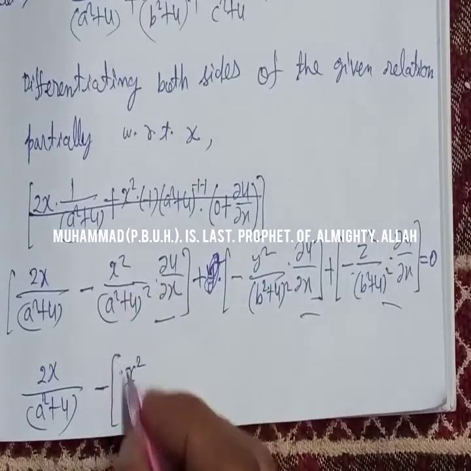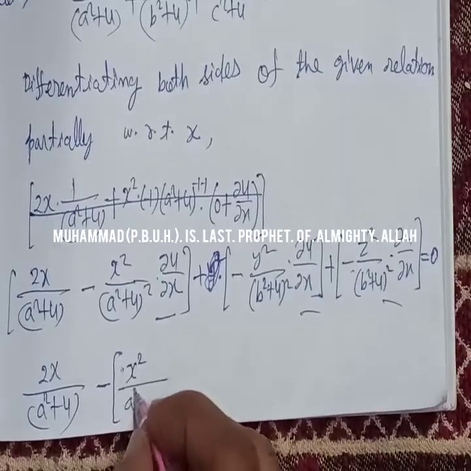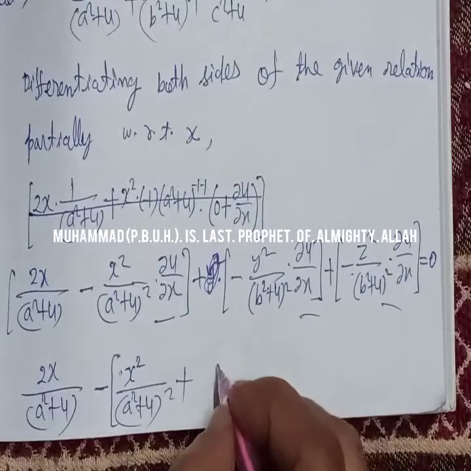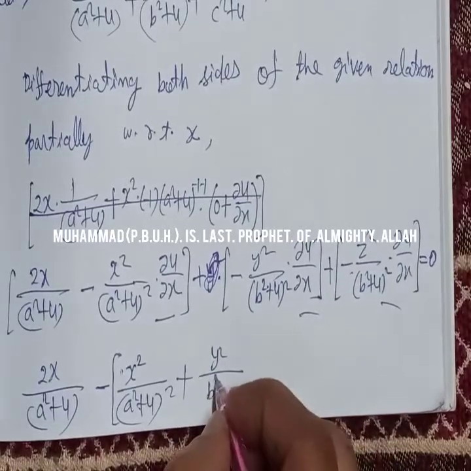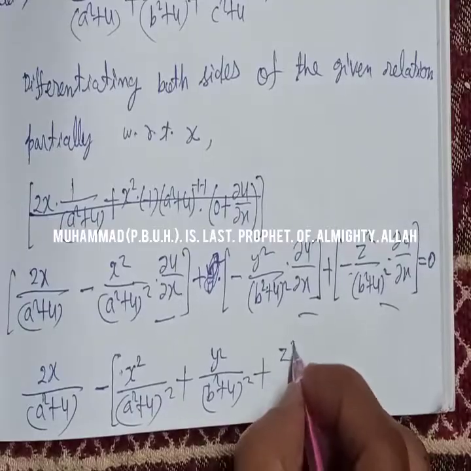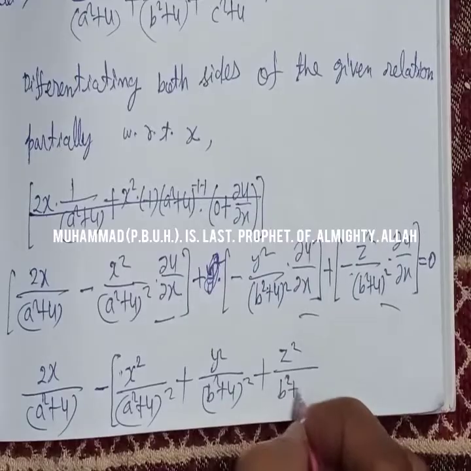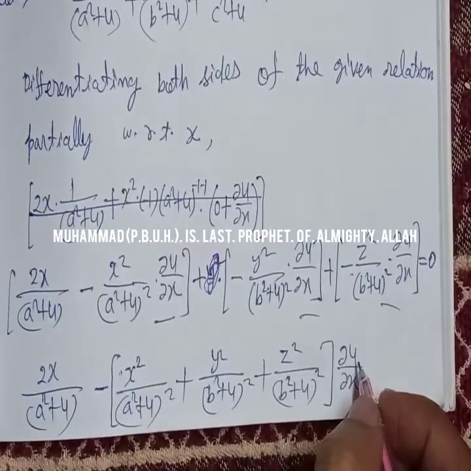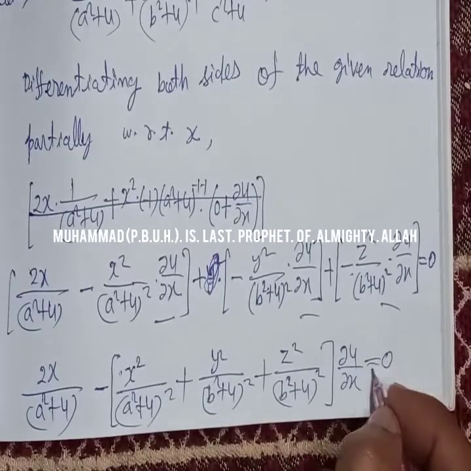So we get x square upon a square plus u whole of square, and in this term we get y square upon b square plus u whole of square plus z square upon c square plus u whole of square, and del u over del x, and on the right hand side it is 0.